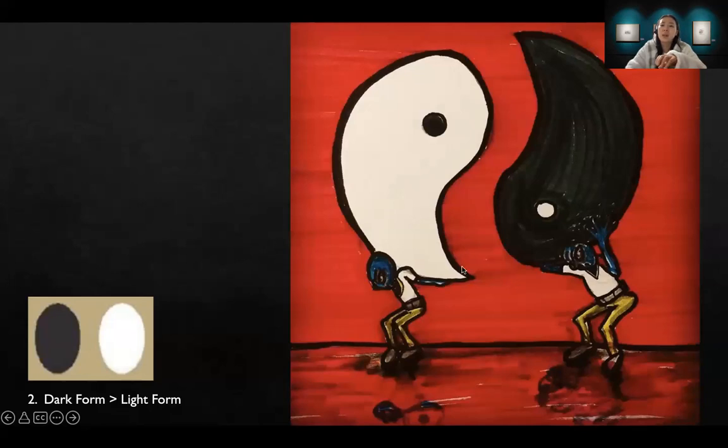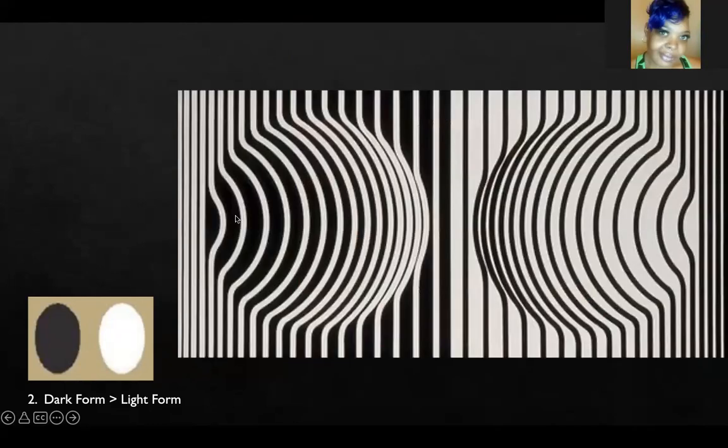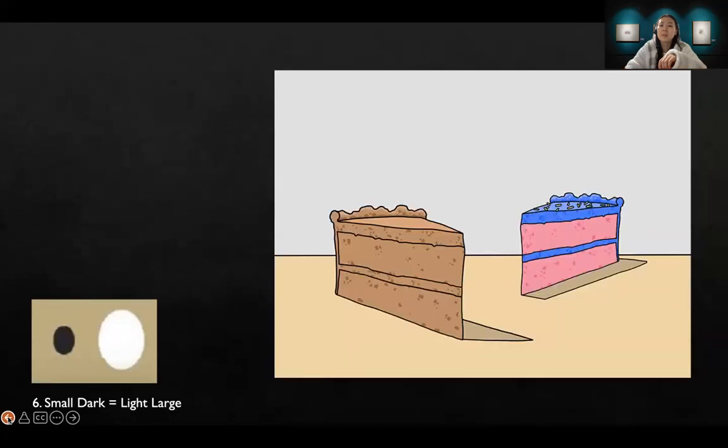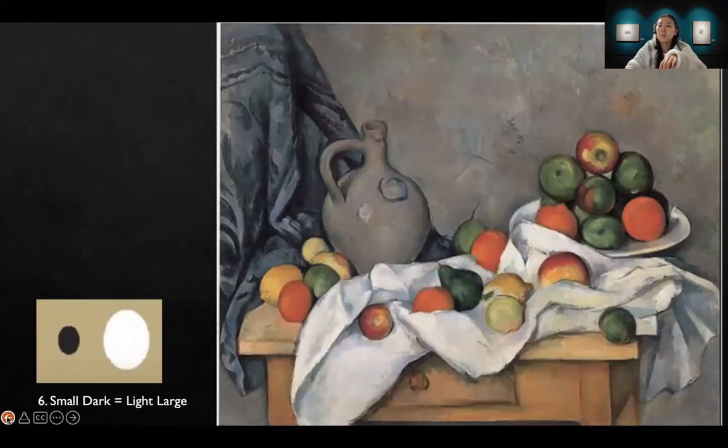So it's definitely using the second asymmetrical type, a dark form and a light form of the same size. And this design is also using asymmetrical balance, the second one, dark form and light form. So that's it. It's pretty simple, not really complicated.